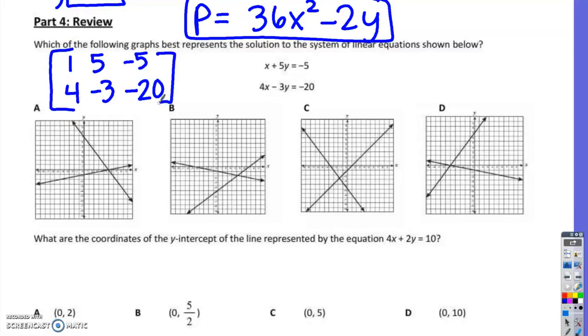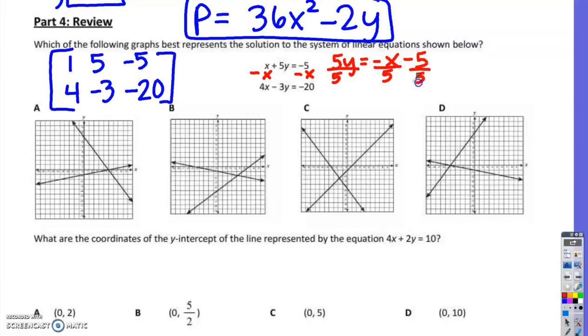Or another option that we could do, since we have some graphs in front of us, is solve these guys for y, plug them into our calculator, and go see where they intersect. So I'm going to subtract x from both sides. I'm going to be left with 5y equals negative 1x and negative 5. Then I need to go through and divide everything by 5.